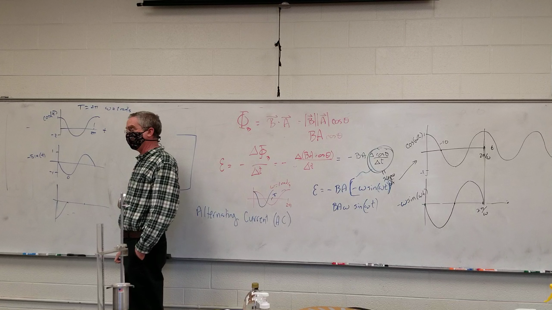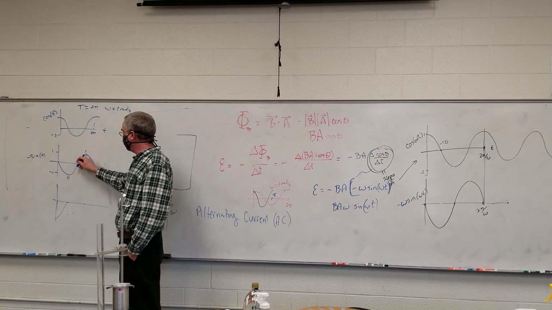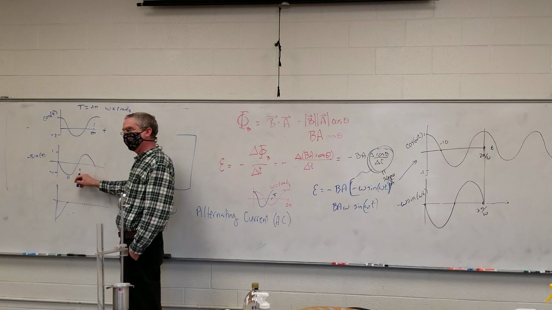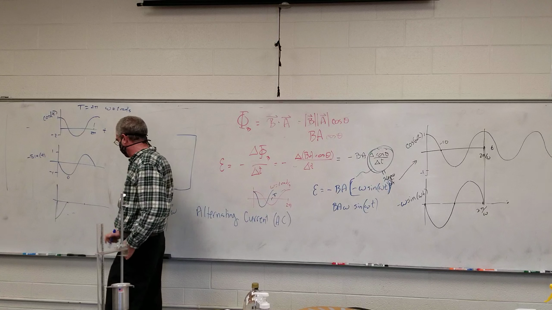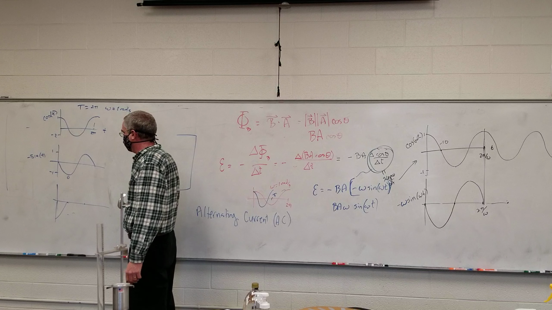And then when do we stop increasing? At the peak. So this slope is bigger than this slope. No, it starts decreasing before the peak. It's still a positive slope, but it's less positive until it's 0.